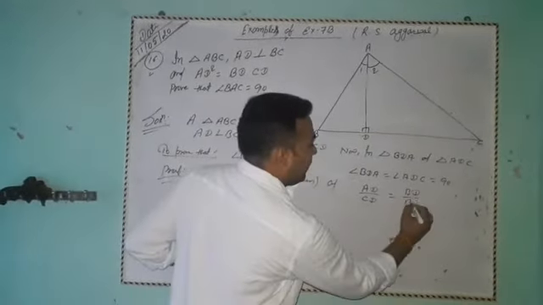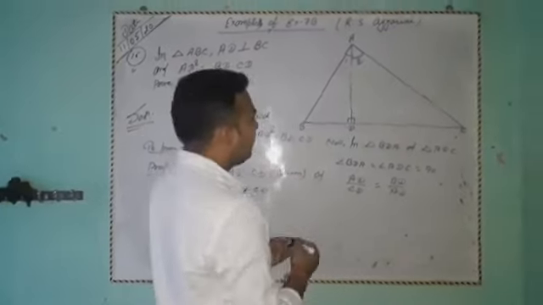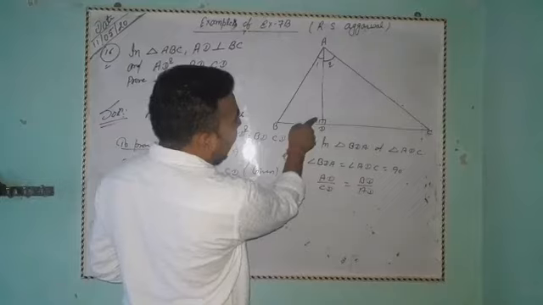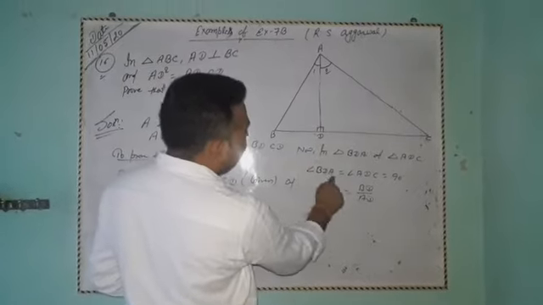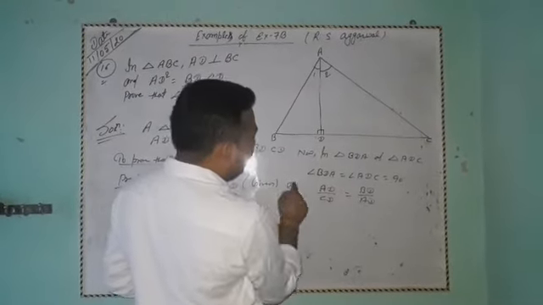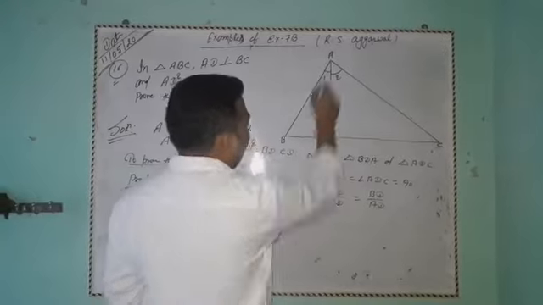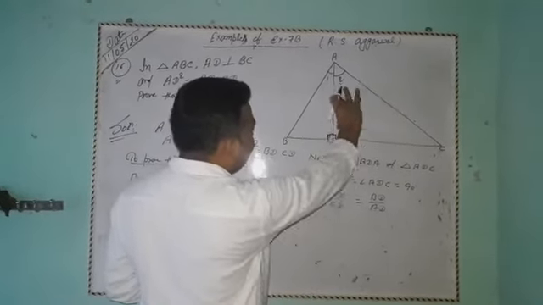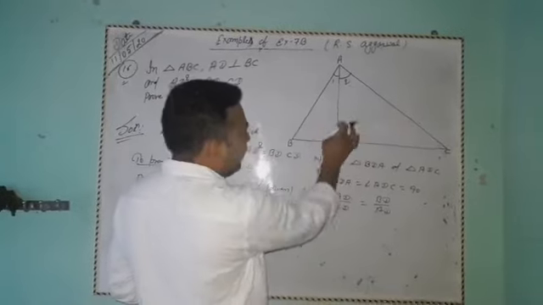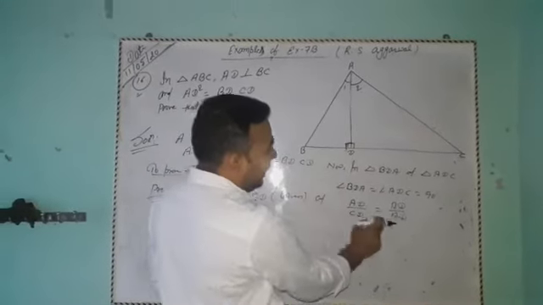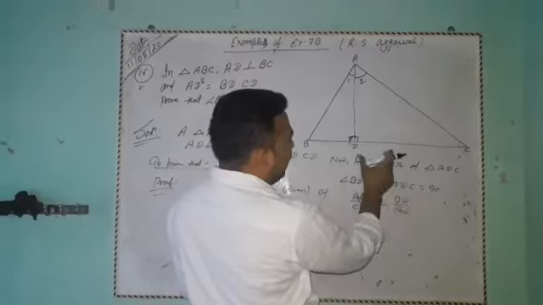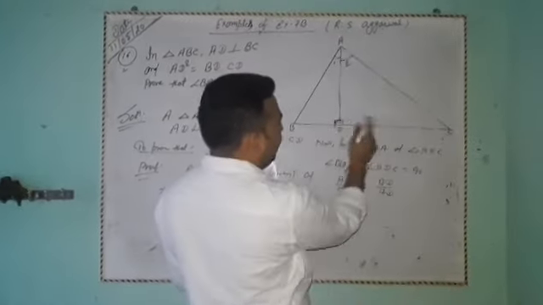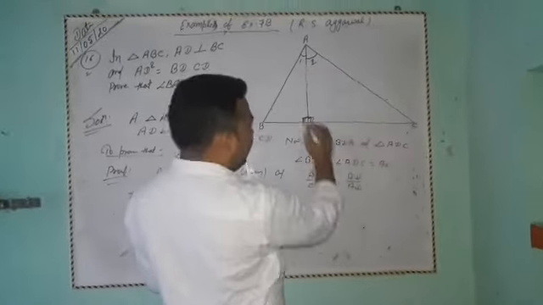So students, these angles and BD by AD, AD by CD are the sides including angle BDA and angle ADC.